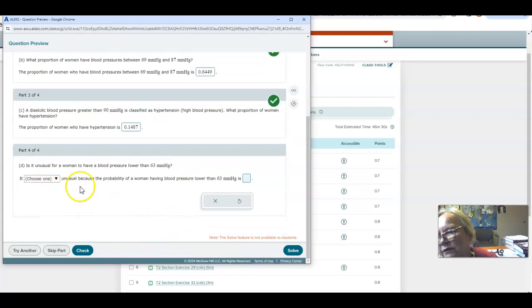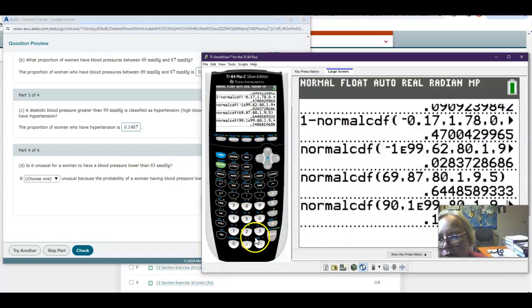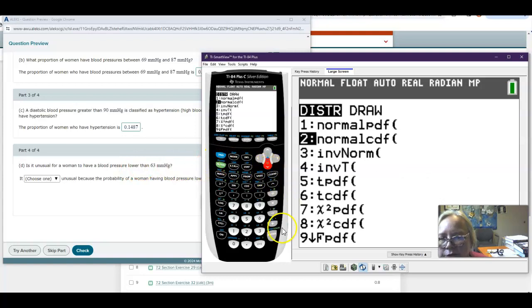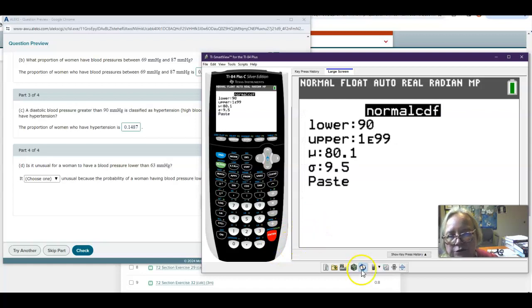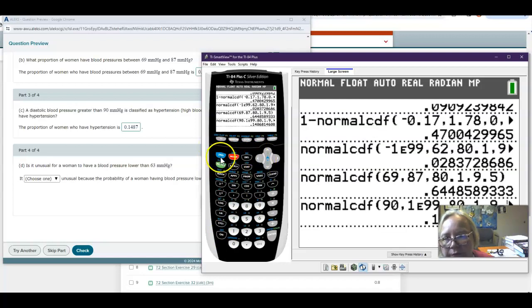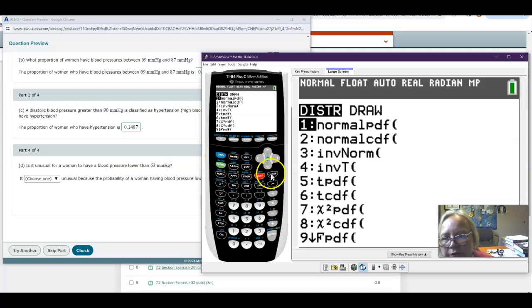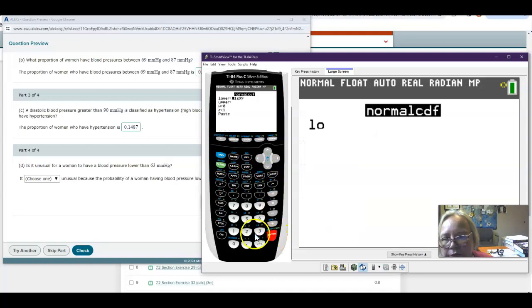Is it unusual for a woman to have a blood pressure lower than 63? So we need to calculate the area under the normal curve to the left because it's lower than 63, and if it's less than 0.05, we consider such a value unusual. So I should enter negative infinity, so I will start over.